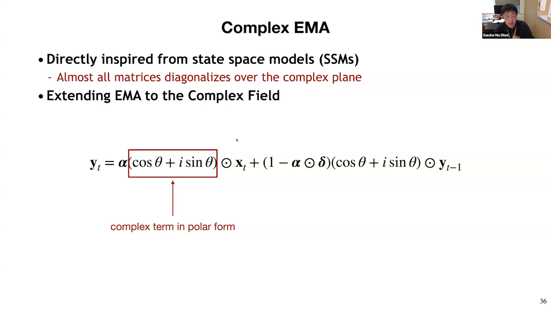In EMA, because we use element-wise multiplication, our matrix is diagonal. So if we extend it to the complex field, we should achieve better complexity. And also because we only extend the parameters of EMA to the complex field, we won't significantly increase the computational cost of EMA. So it is still fast.